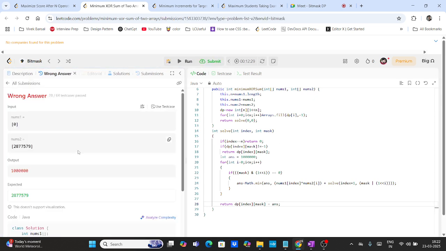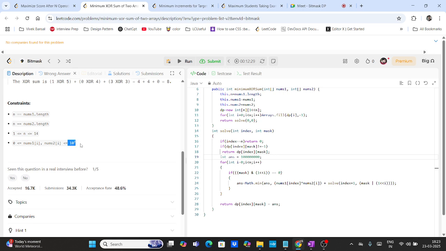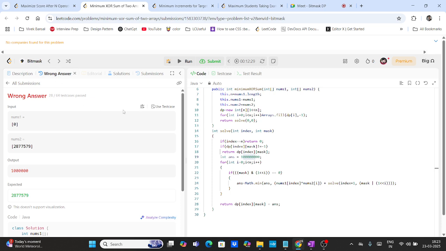Oh, wrong answer. Why wrong answer? There is only one element, right? What is the element range? 10 power 7. It should work. Did you see why we got a wrong answer?